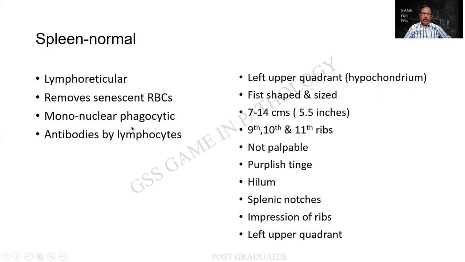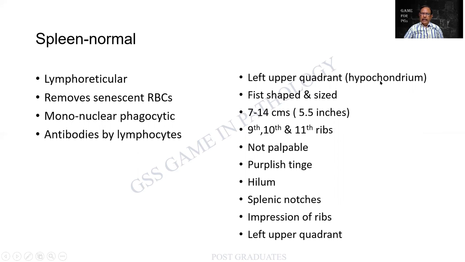It is also a fundamental part of the mononuclear phagocytic system, as a result of which phagocytosis is one of the most important activities. Last but not the least, antibodies are produced by the lymphocytes. Lymphocytes ultimately become plasma cells which produce the antibodies. So please have this in one corner of your mind.